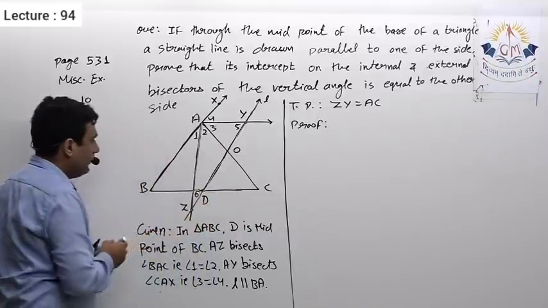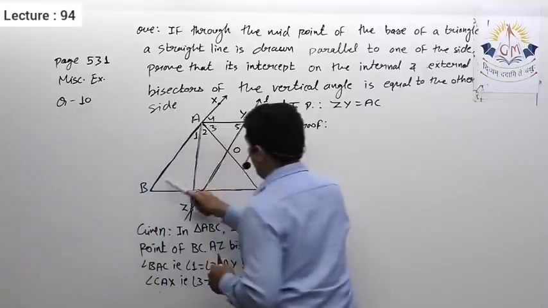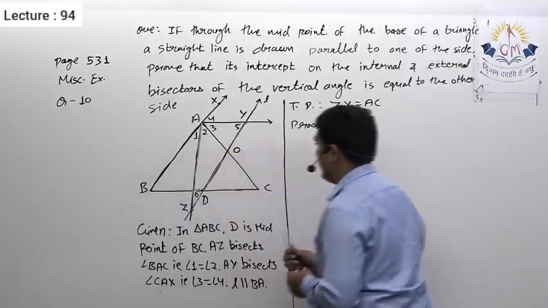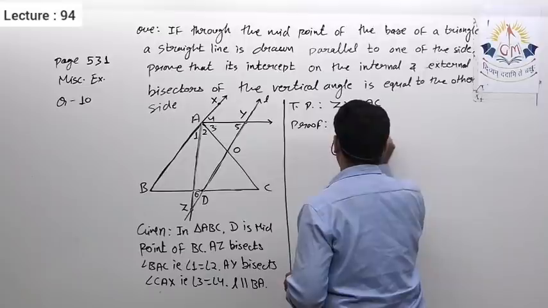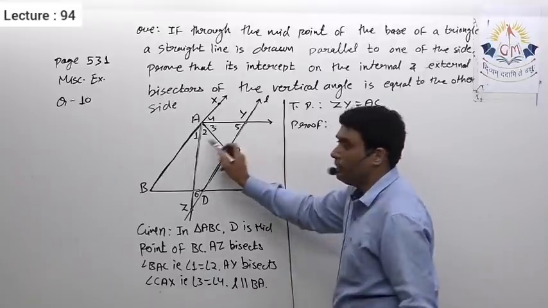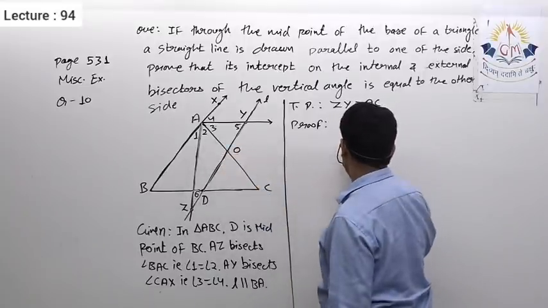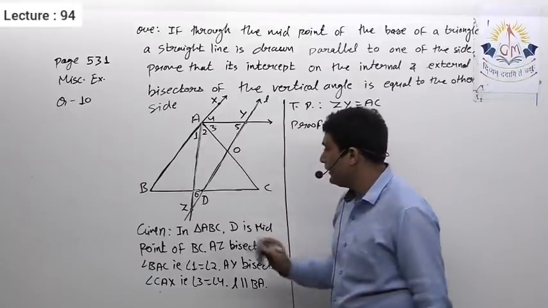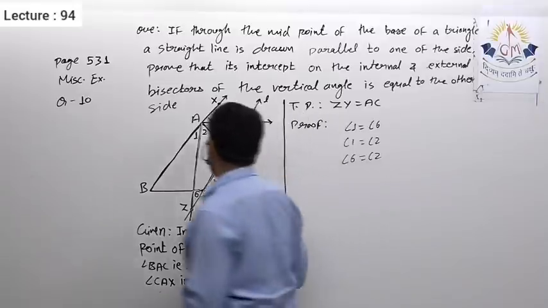First of all, BA parallel ZY, so I can say angle 1 equal to angle 6. But angle 1 equal to angle 2 is given. So angle 6 is equal to angle 2.